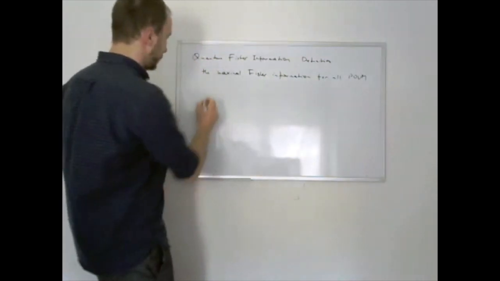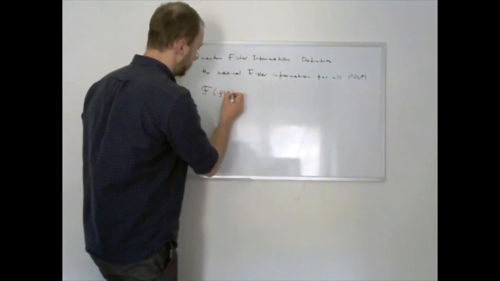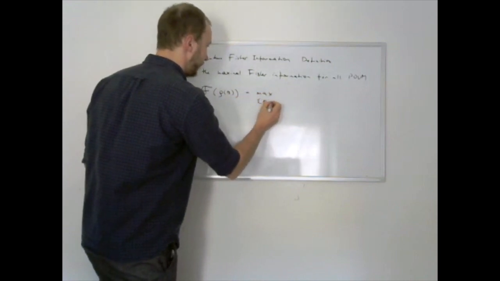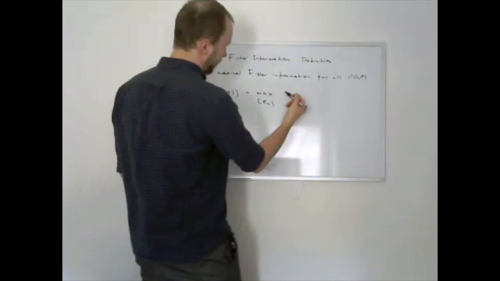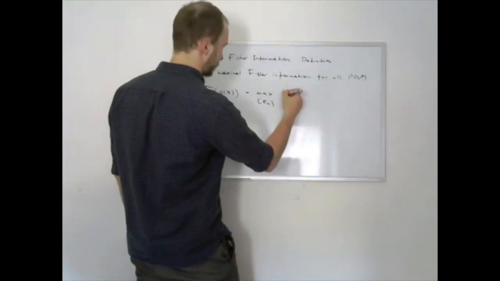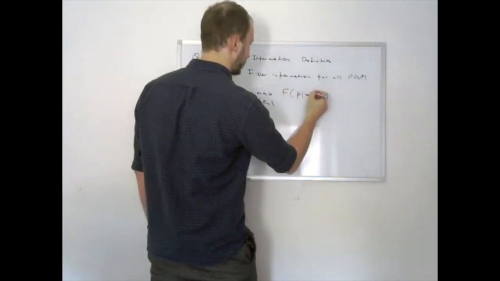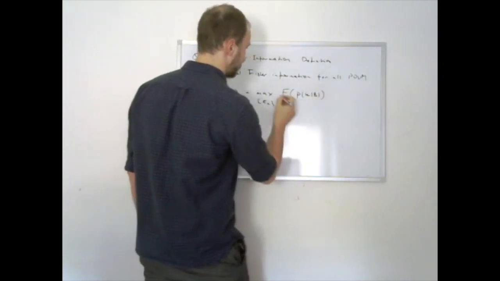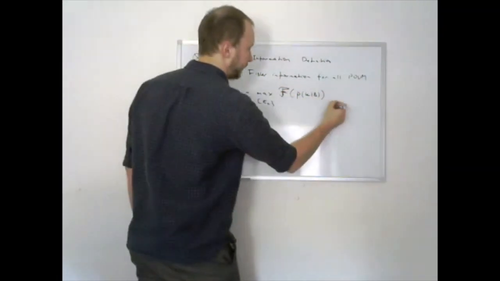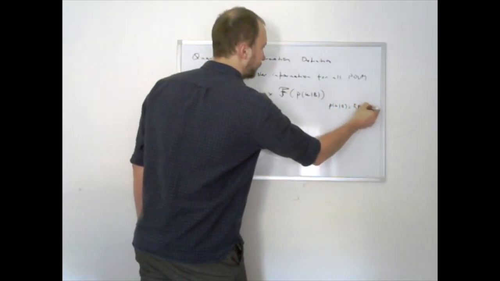So in other words, we'll just write that now the Fisher information for the curve of states rho of b will just be the max over all possible POVMs D_k of the classical Fisher information, which was F of this probability distribution. Sorry, again, choose letters. Where now precisely this p of k given b is given by the Born rule. It's just the trace of rho of b times D_k.